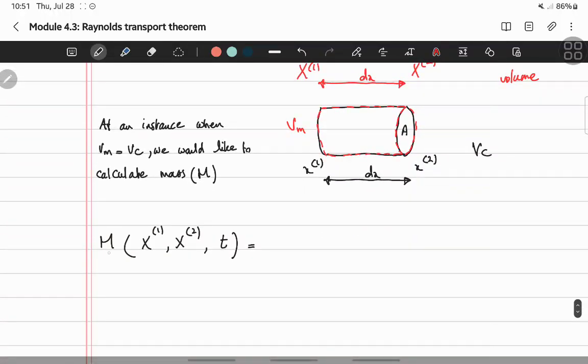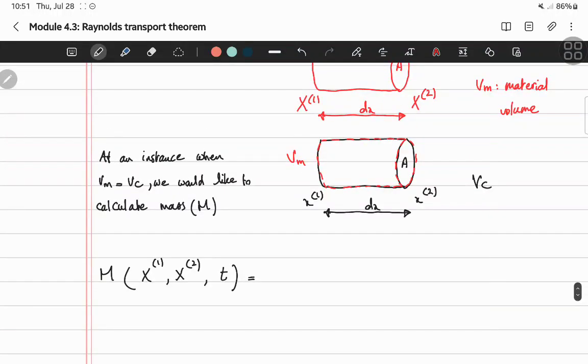So at the time instance when Vm coincides with Vc, we know that capital X1 and X2 coincide with small x1 and x2. Therefore we can write this as the integral of rho of x and t, A dx.